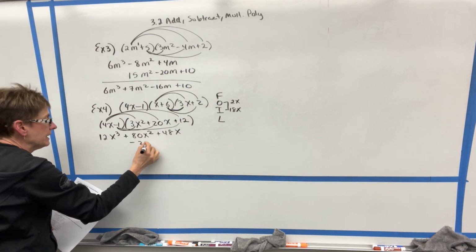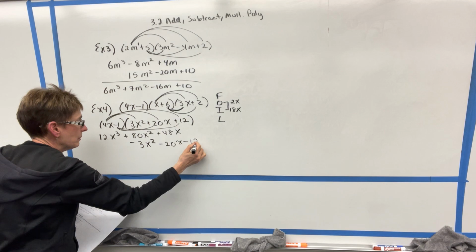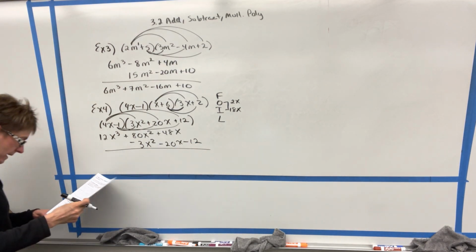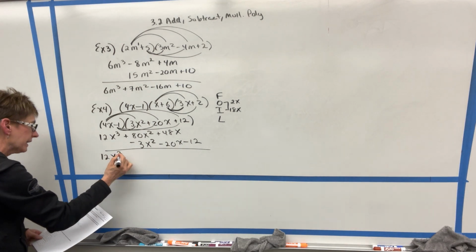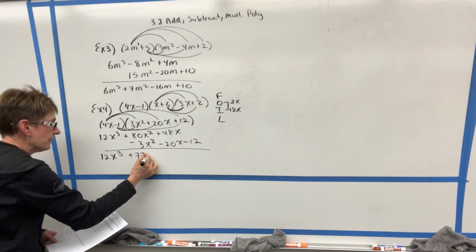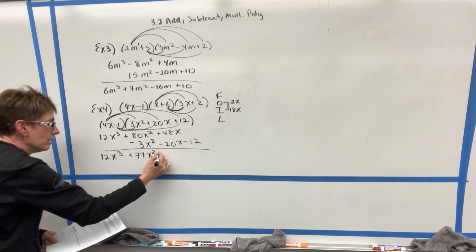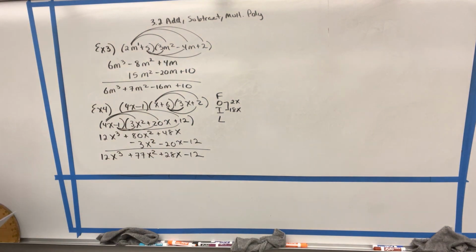So I'm going to have negative 3x squared minus 20x minus 12. And then I'm left with, when I line everything up and combine like terms, 12x cubed plus 77x squared plus 28x minus 12.